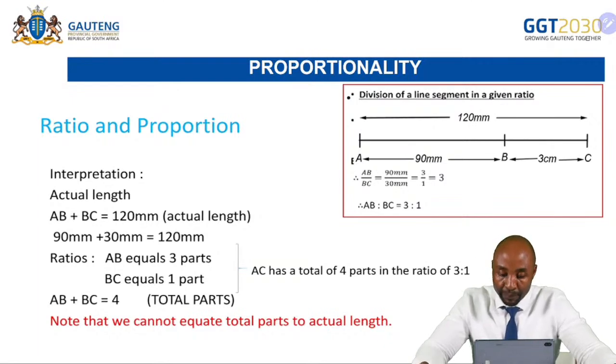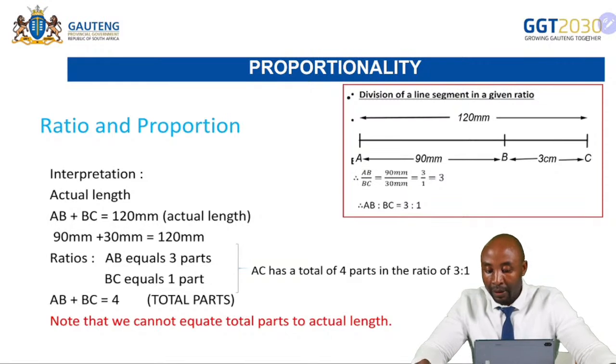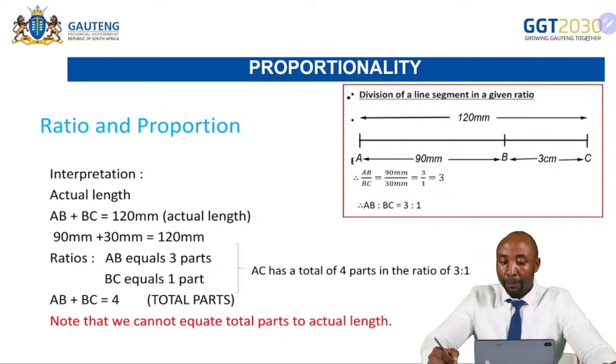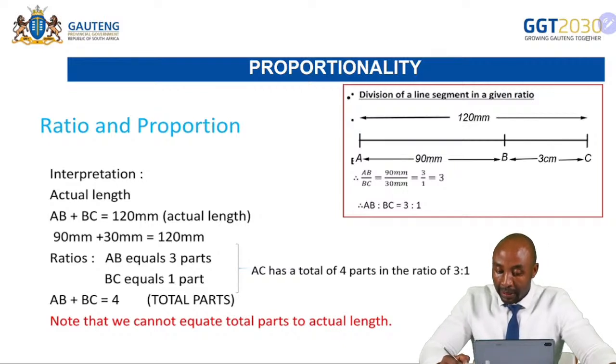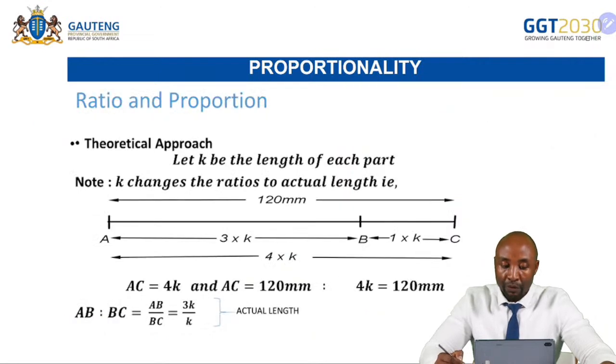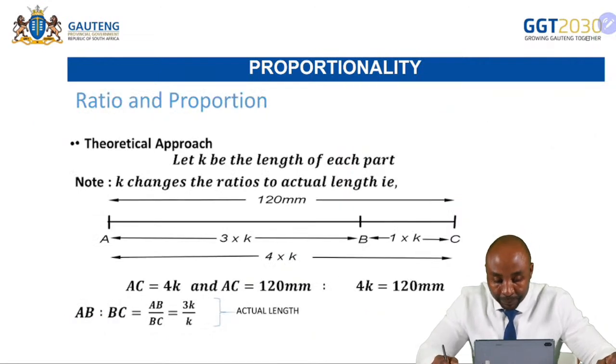The fraction of BC becomes 1/4. And the actual line segment is going to be 120 millimeters. And you realize that each part is representing 3 centimeters, which is equivalent to 30 millimeters. So it will be 3 parts of AB and 1 part of BC. We move on to the next part.